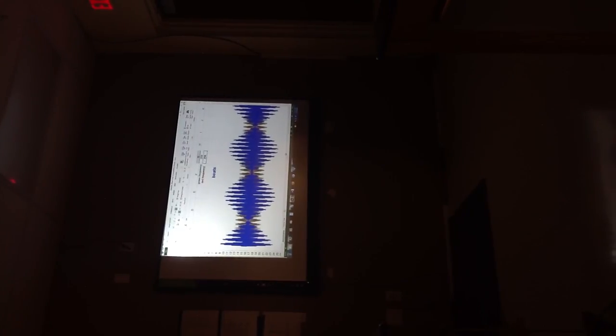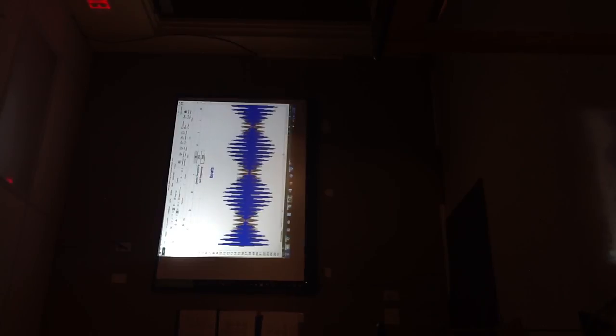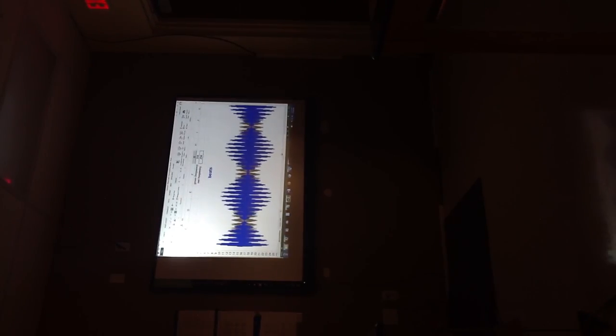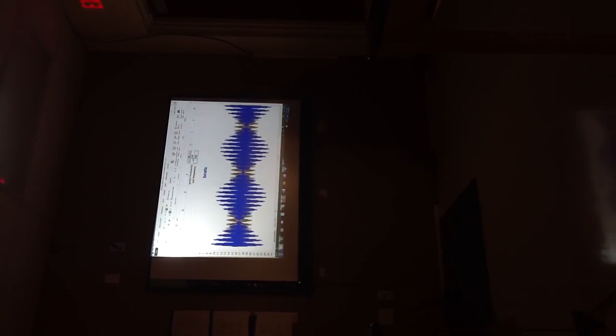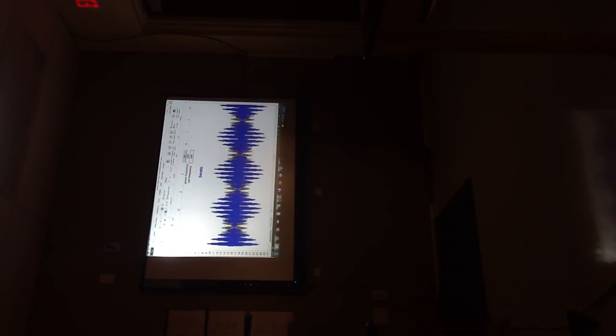How many beats do you get? 3. What's the difference in the 2 frequencies? 3 beats. All right. So if this became 250, 260, then you would hear 4 beats.